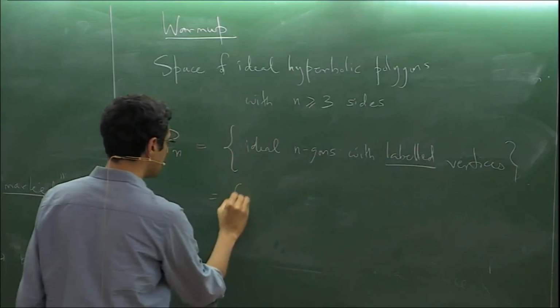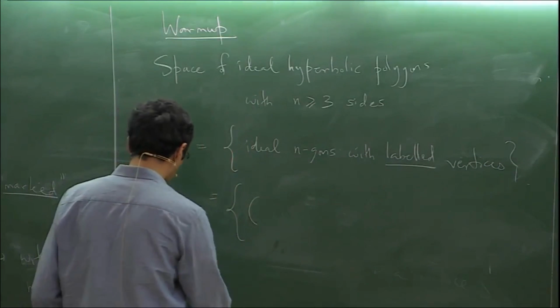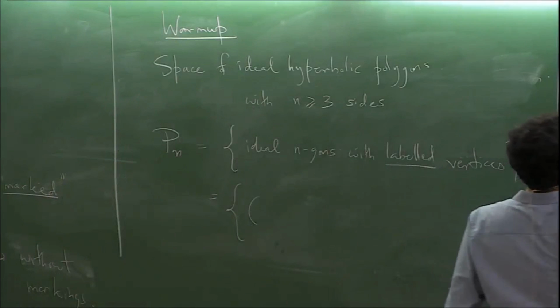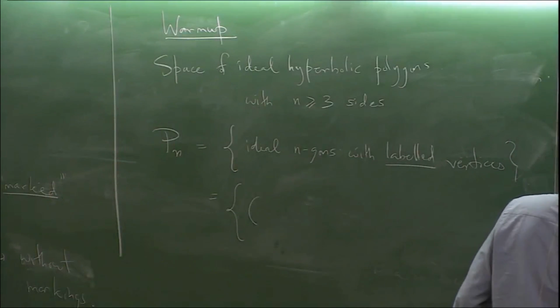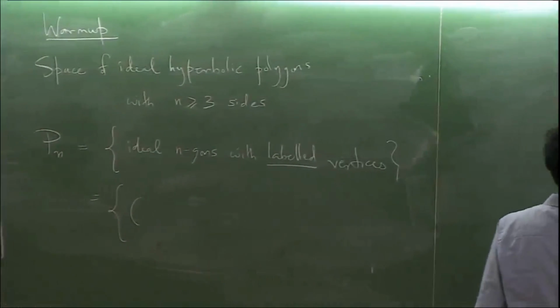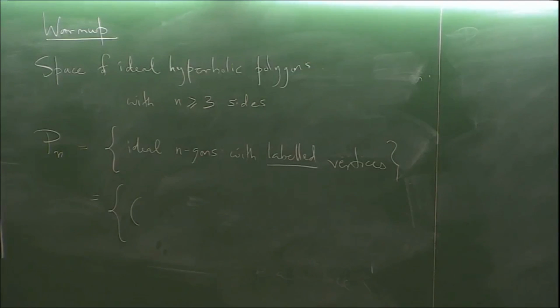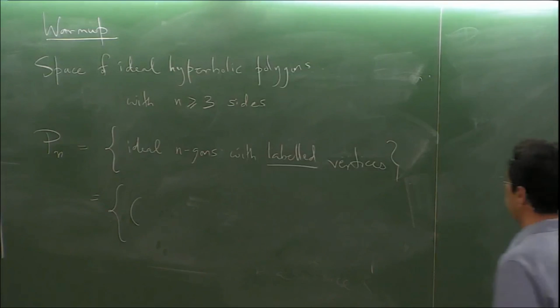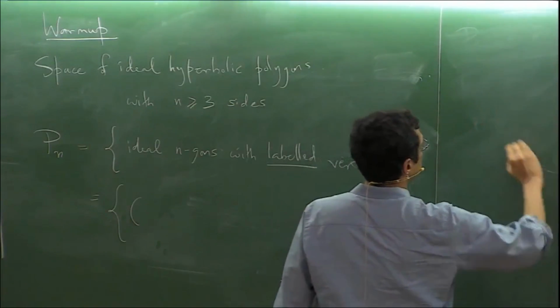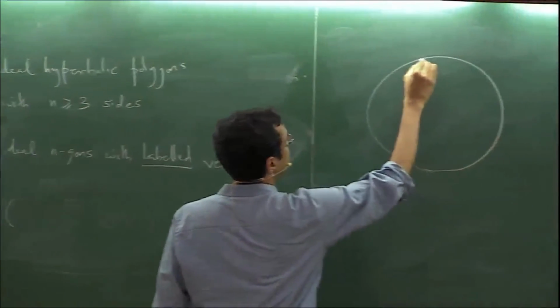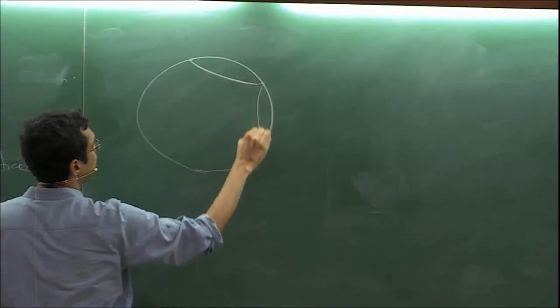Okay, so what are these? So as a set, how do you define an ideal polygon? So remember that an ideal polygon has vertices at the boundary at infinity. Okay, so here's what an ideal polygon looks like.